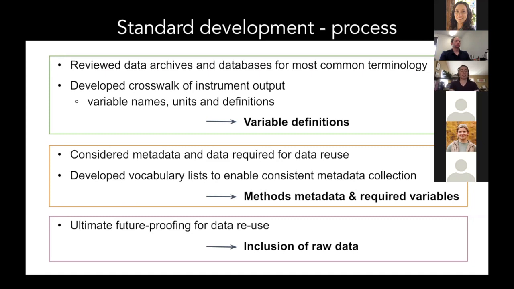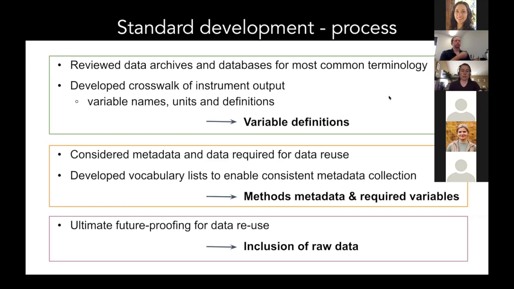The next piece was we've worked a lot with thinking about what sort of metadata are going to be most useful to enable data reuse. And this is where the balance comes in between getting as much as possible, which might be of interest, but also making the standard usable and not too much of a burden for a data contributor.